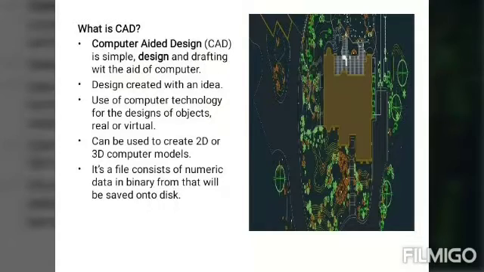Obviously, first you will have an idea of how you are going to make it, then you create it in the computer. Drafting is the production of drawings that are used to document a design. Computer aided design is the use of computer technology to design objects, real or virtual.